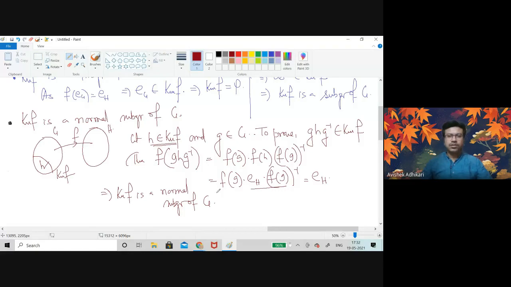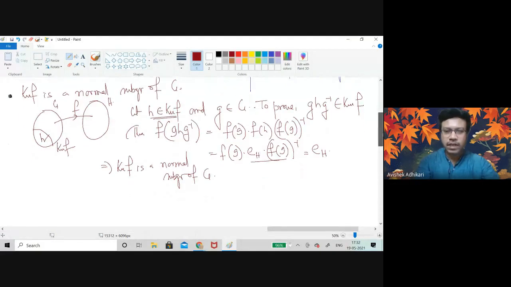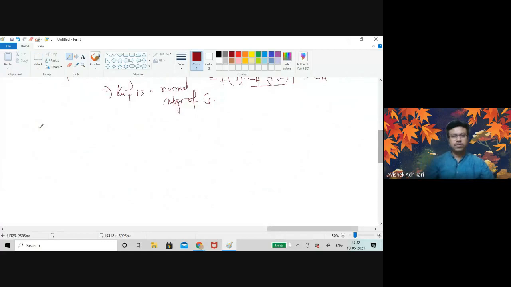Clear? So in many cases, you will need this property. Okay. So now you can understand when I ask you to find all group homomorphisms from, say, S3 to Z6, you can proceed in this way.